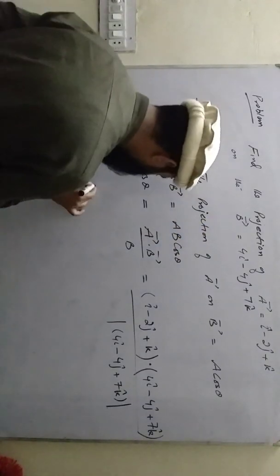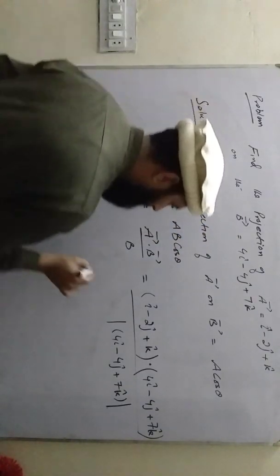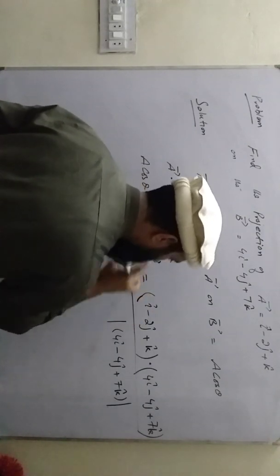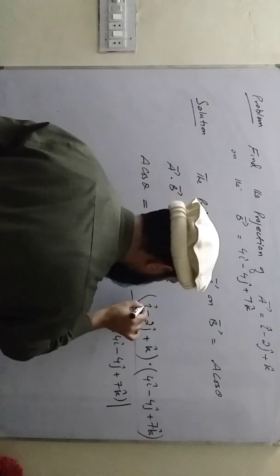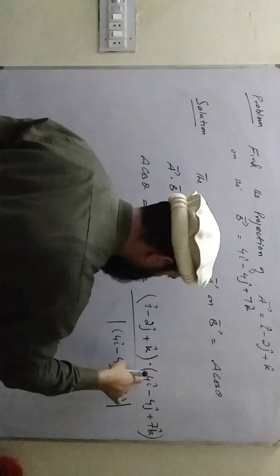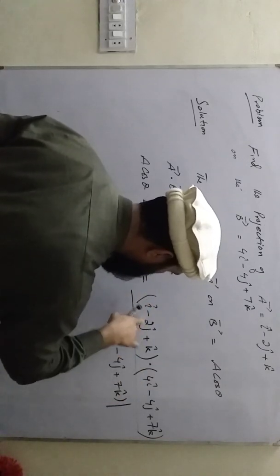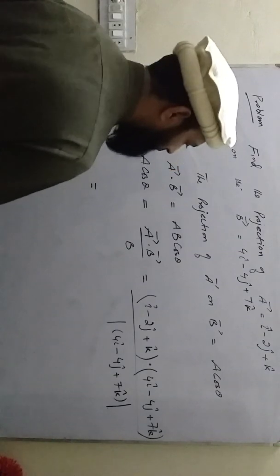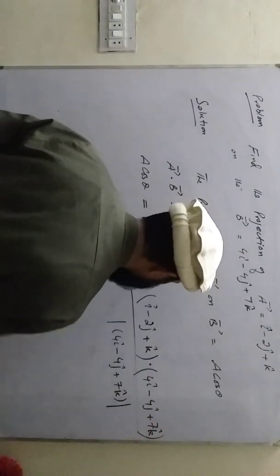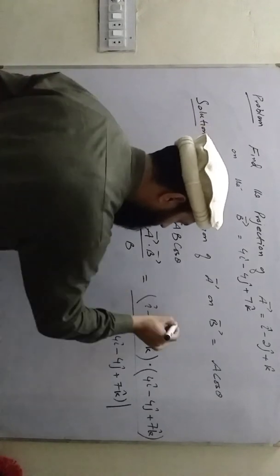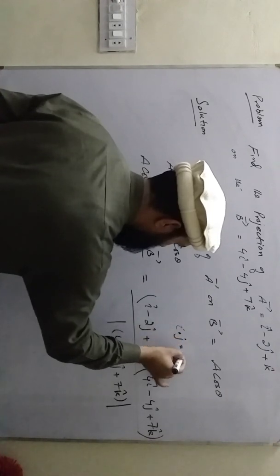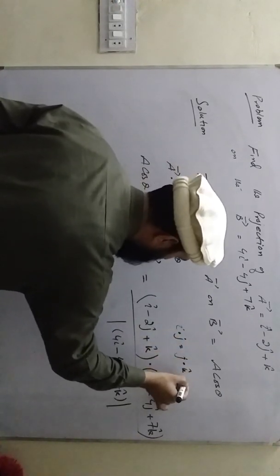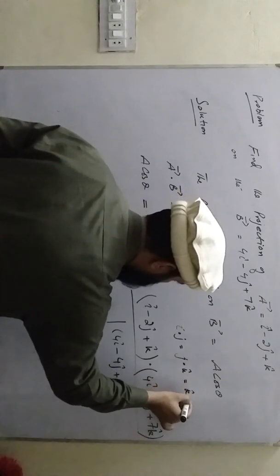In the dot product we know that only the terms which are multiplied with each other are the i coefficients, the j coefficients, and the k coefficients, because i dot j, j dot k and k dot i are 0.